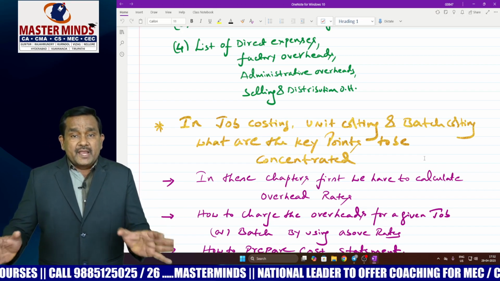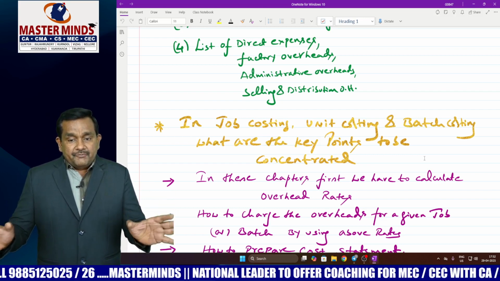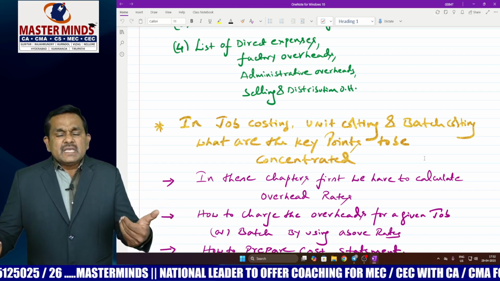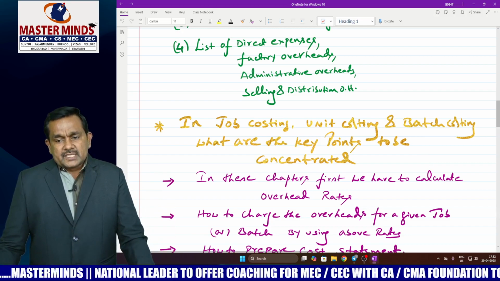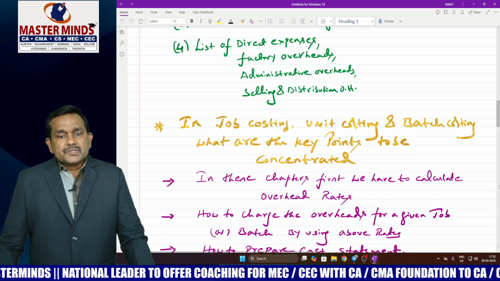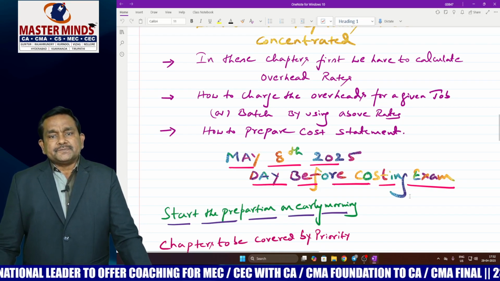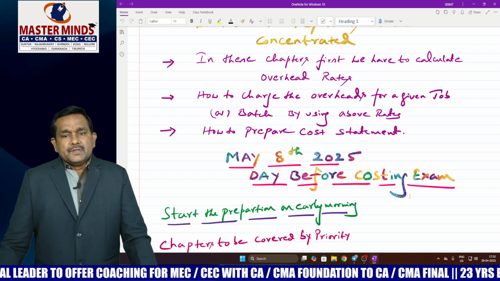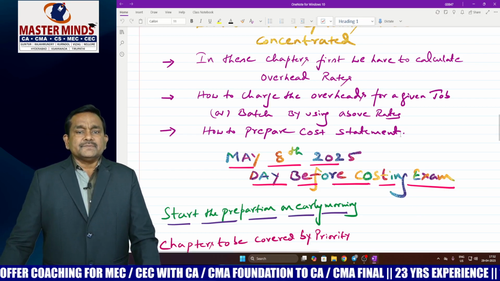These two areas are very important. Once these two areas are perfect, then you can easily answer the cost ascertainment problem. The last step is how to prepare the cost statement. Okay, so please focus on these 3 areas, sir.